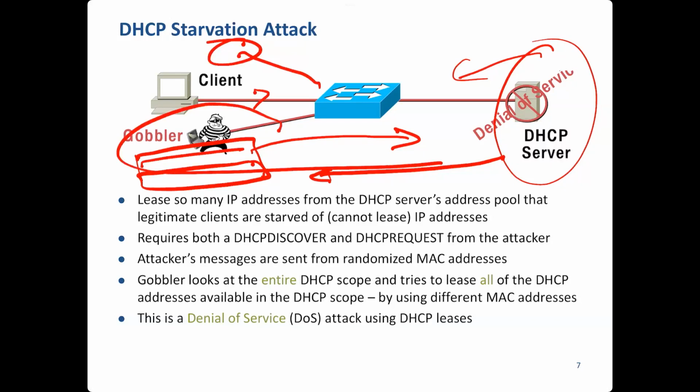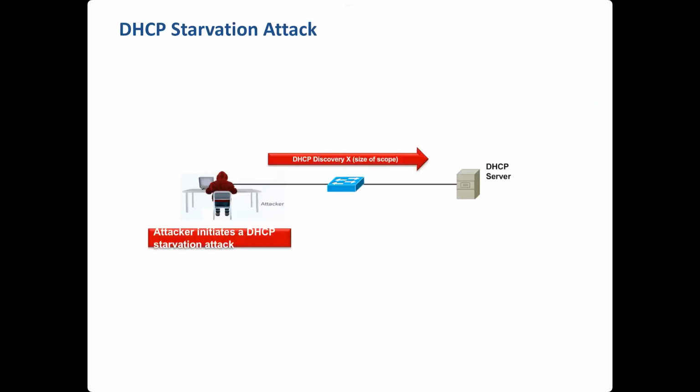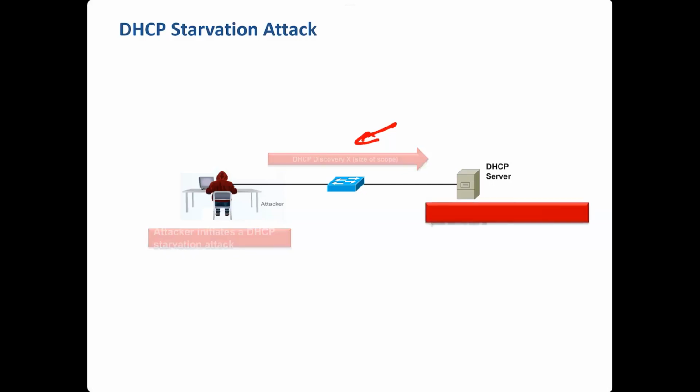So this is a very simple attack. This animation shows the attacker sending discovery requests for the size of the scope, meaning all possible IP addresses it wants. It continuously changes the MAC address and keeps sending requests.